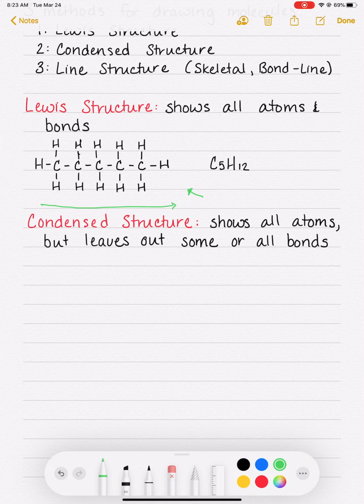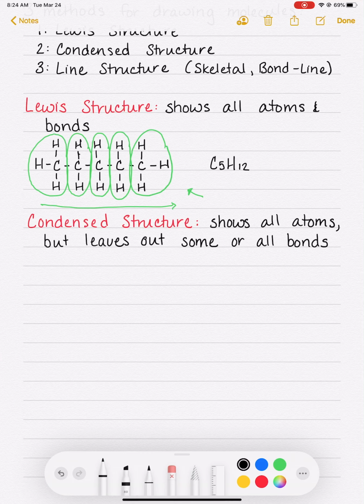So when we're looking at this molecule, the first thing that we see is this chunk of CH3. And the next thing that we have is a chunk of CH2. And then we have another CH2 chunk and 1 more CH2 and then another CH3.